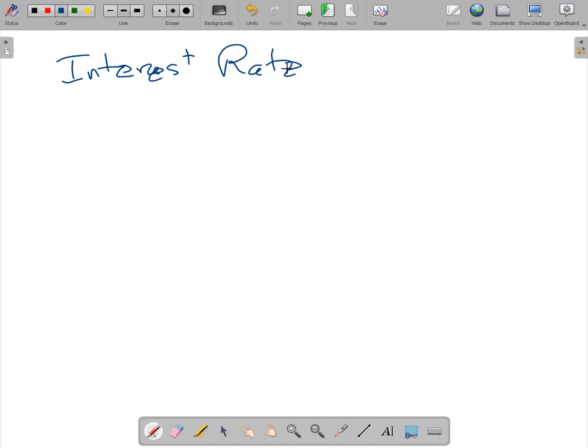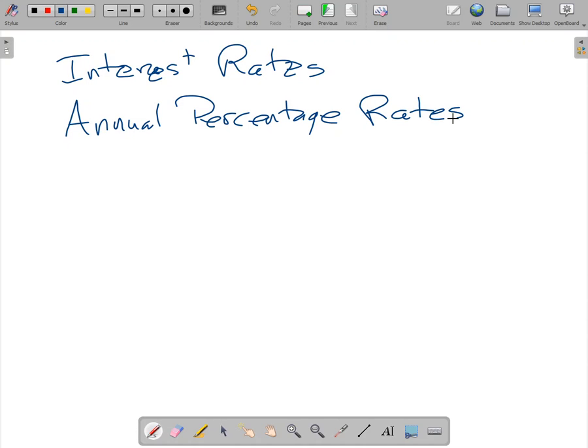So usually interest rates are annual, meaning the whole percentage only applies to a whole year. If less than a year goes by, then you only get to use a fraction of the percentage.